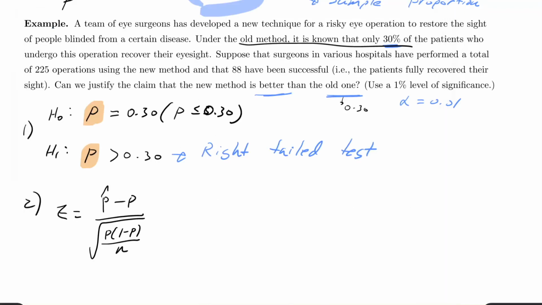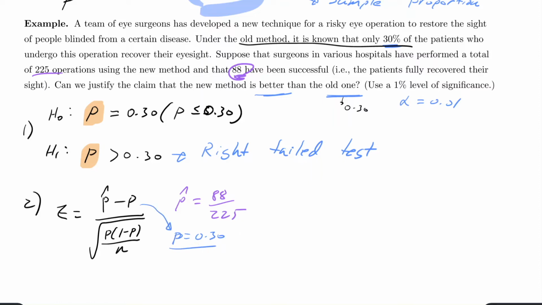Okay. So let's find the p hat, the sample proportion. Well, 88 out of 225 were successful. So this is the p hat. And p right here is 0.3. This value is 0.3.